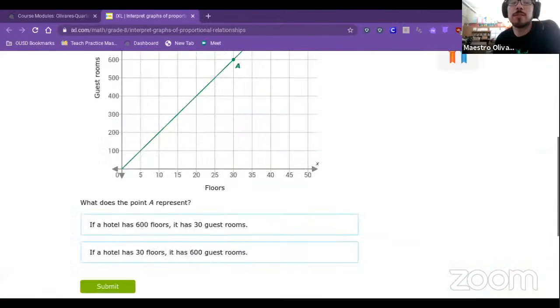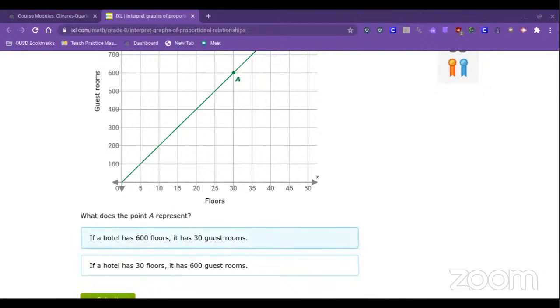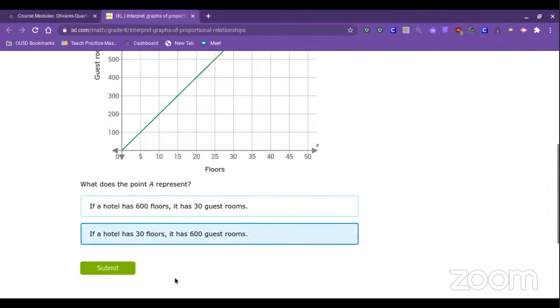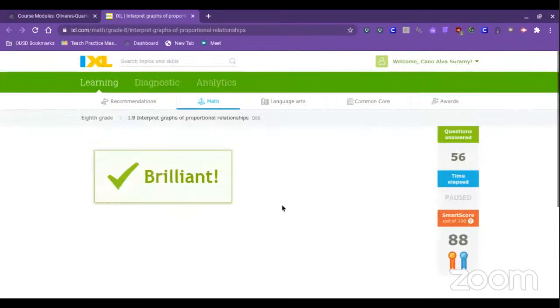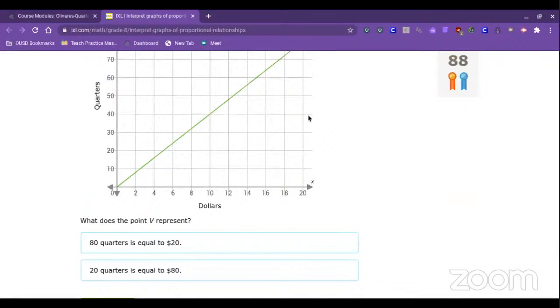No, ¿cuántos cuartos? Pisos. 30. Okay. So look at the two answers. ¿Cuál de los dos dice 30 pisos? ¿El primero o el segundo? Oh, this one. Okay, I'll stop sharing now. Oh, you got it? Yeah.